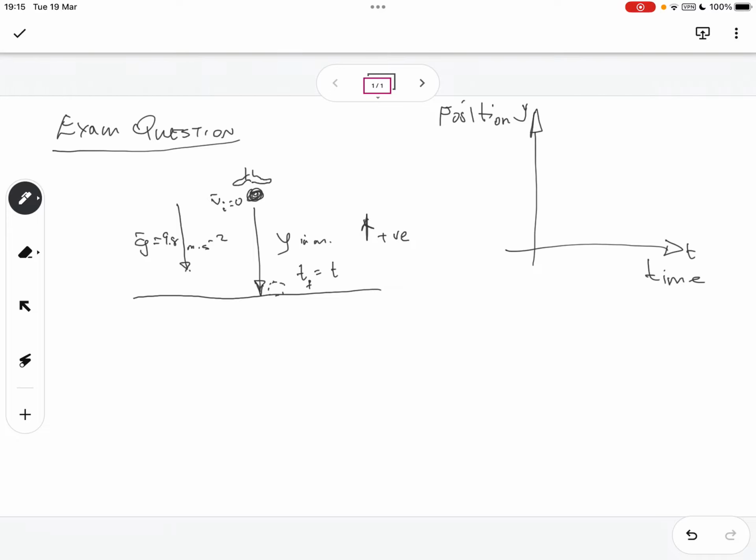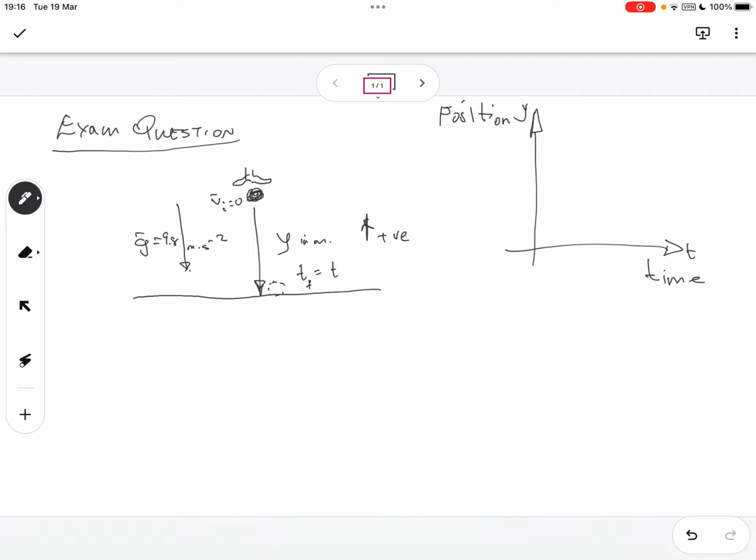It is a drop, but something is gradual. What do you think is gradual? Should I say the velocity? I would say it's accelerating, because it's subjected to acceleration due to gravity.